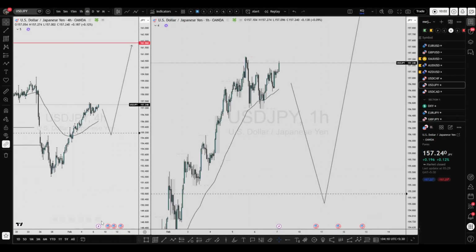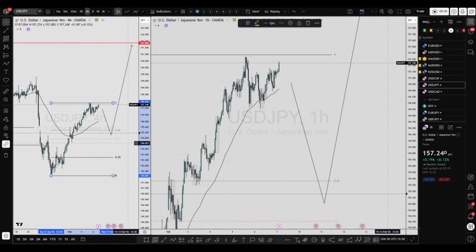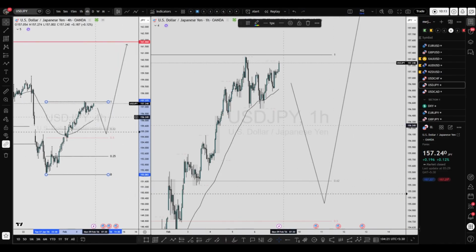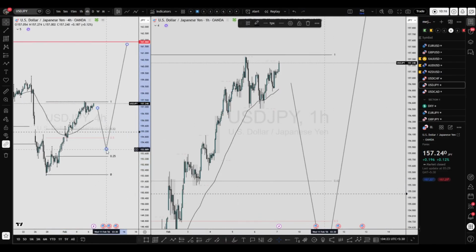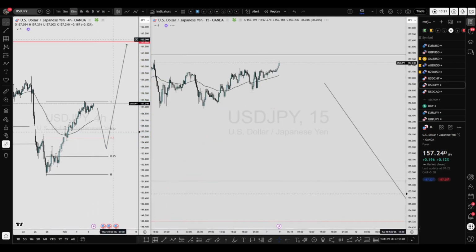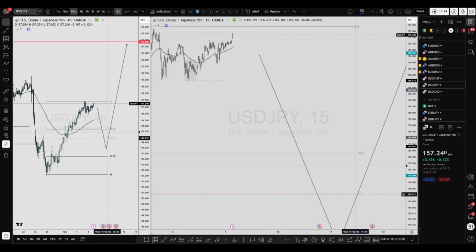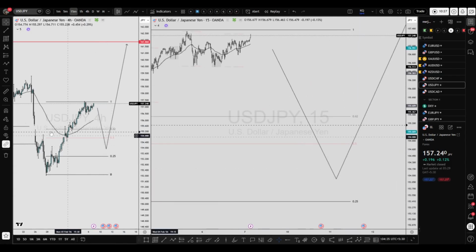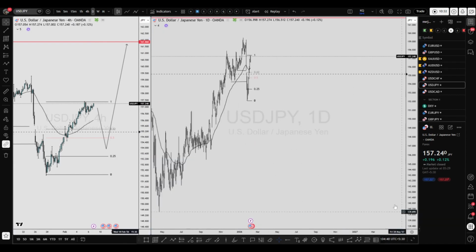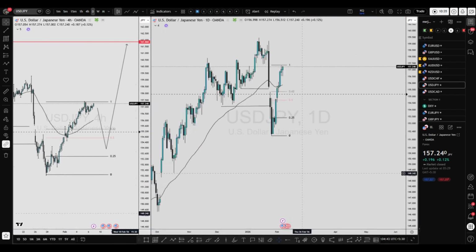Okay, in 4 hour, I can clearly see that we have a breakout structure here, and we're also perfectly lining up with the trend. So I'm going to wait for USD JPY to show some good corrections in 4 hour, so that I can start looking for 15-minute setups inside this region. That's a better alternative, a better choice than just looking for shorts in the daily time frame because we're clearly going against the trend.